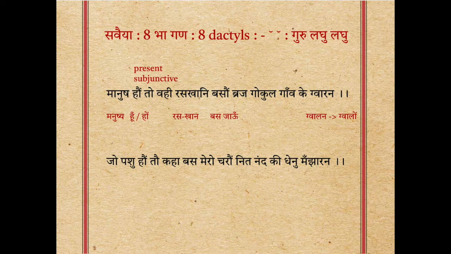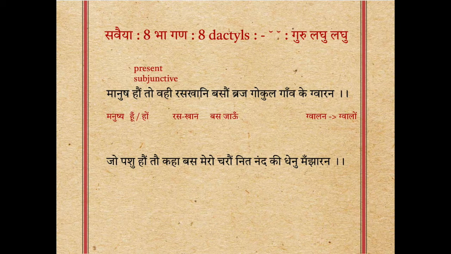The na at the end of Gwaran is a plural oblique marker, meaning that this is plural Gwala, the plural cowherds, and it's being put in apposition to something else. In other words, in modern Hindi, there would be a postposition after this, Gwalon ke beech, or Gwalon ke saath, or Gwalon ko, or Gwalon ke paas, or some other postposition.